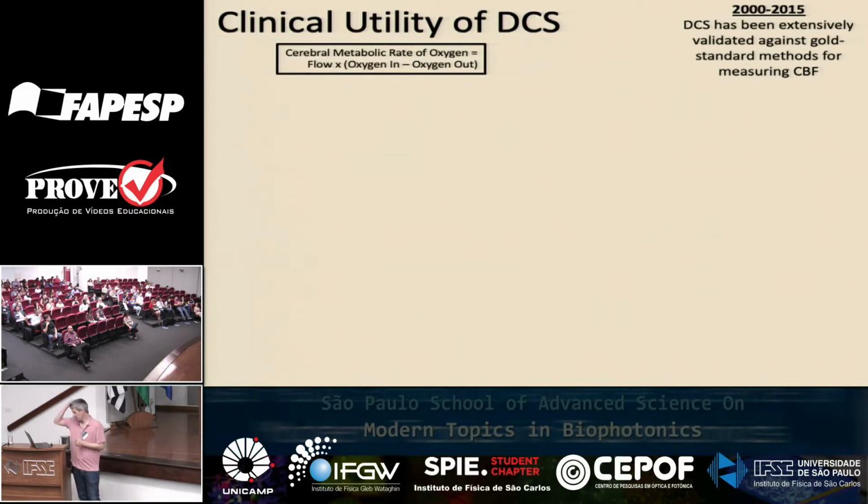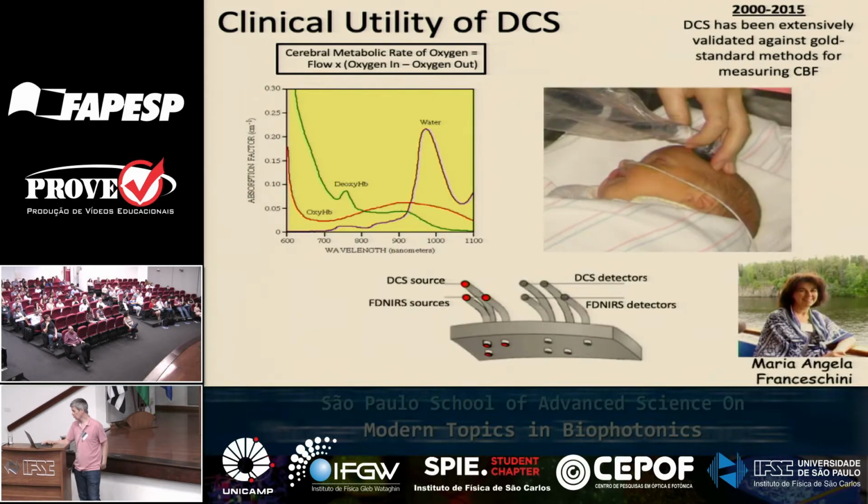So in Boston, I was working with Mariangela Franceschini, and she was working with infants, and so I suggested to her she might want to complement her near-infrared spectroscopy measurements of hemoglobin in infants by adding this diffuse correlation spectroscopy to measure blood flow.